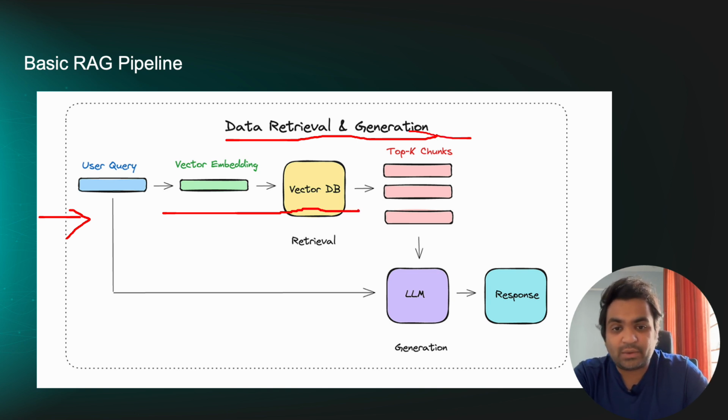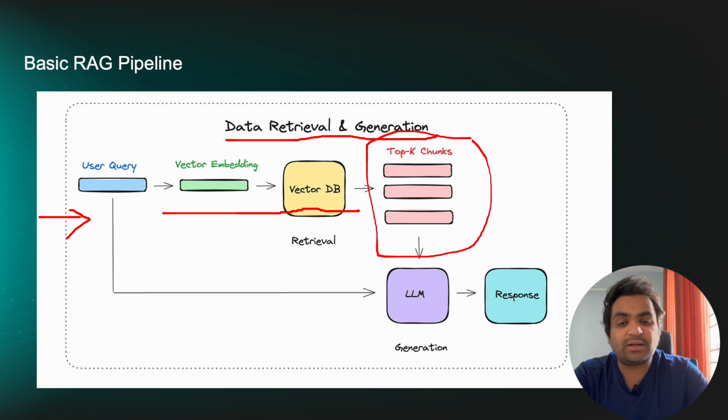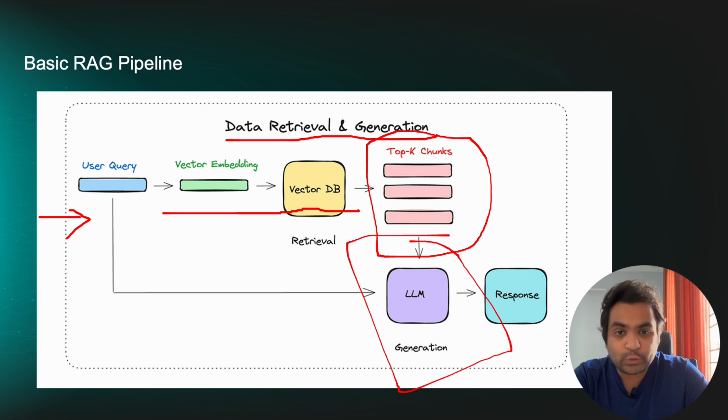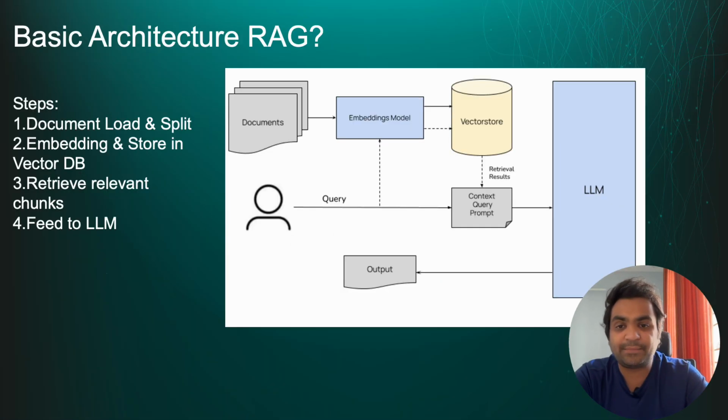It searches for relevancy and fetches the top 5, 10 chunks, but basically the top 4 gets picked up very well. Then in parallel, the LLM gives priority to this particular data which we have fetched, rather than the data it was trained on, and then it gives you the response. This is how data is retrieved and then generated.